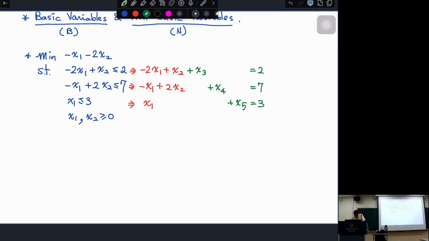Also, with the additional x3, x4, and x5, in fact, I am adding 0 times x3 here, 0 times x4 here, 0 times x5 here. So they exist in the objective function, but only with a 0 coefficient in front. And also, they must be positive. So additional rules.